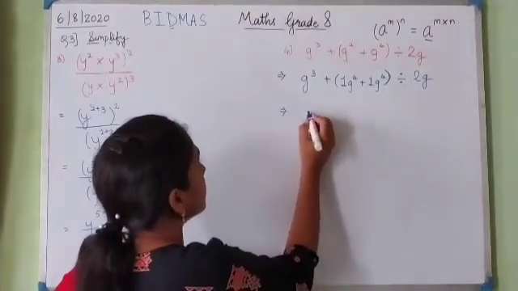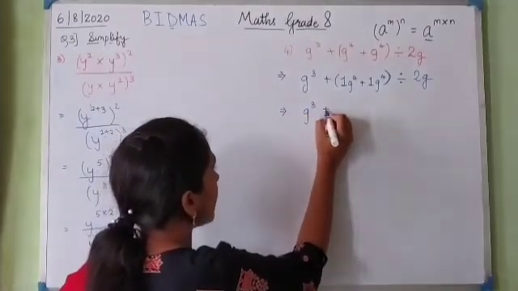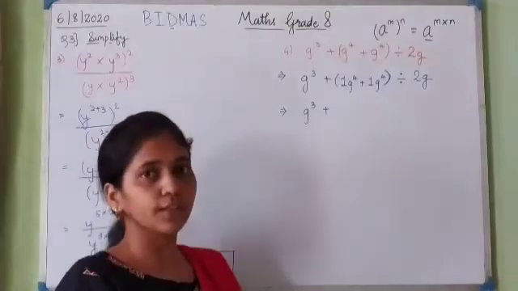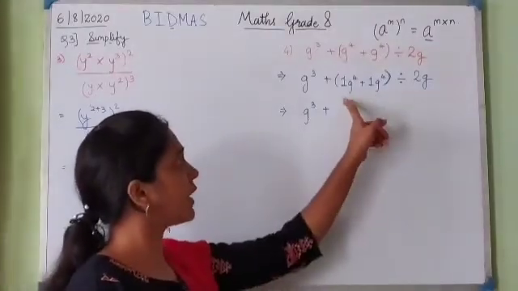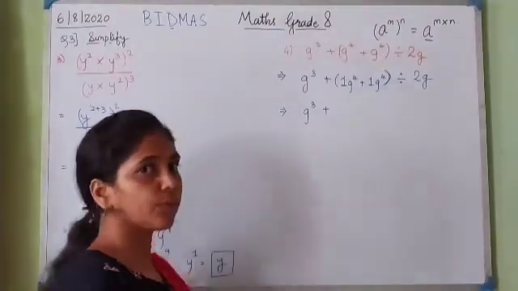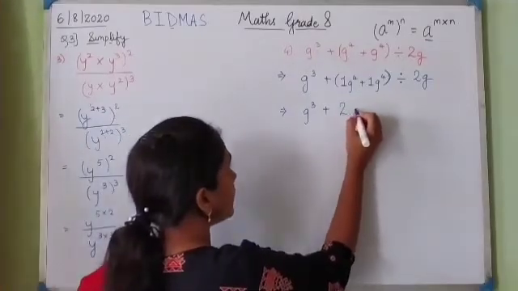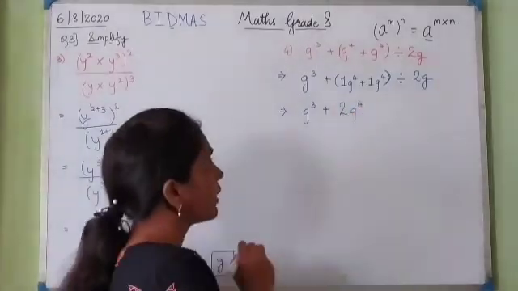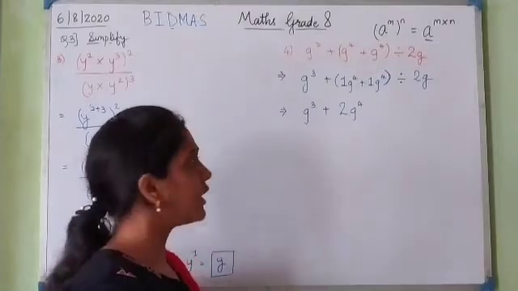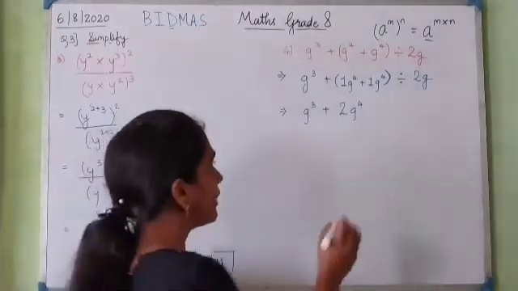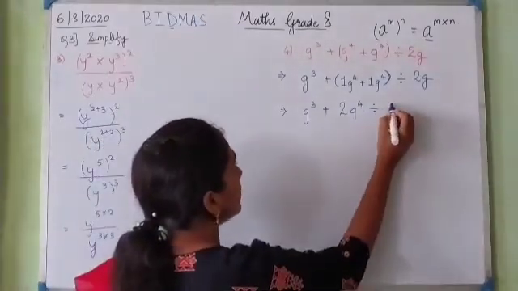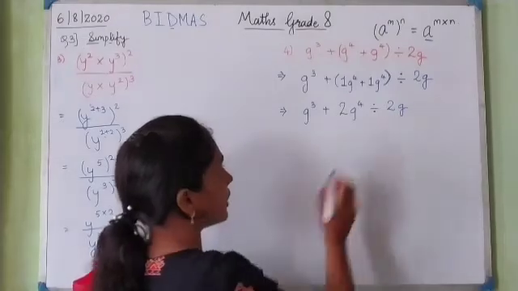So now g raised to 3 plus this bracket, I told you what this becomes: 1g raised to 4 plus 1g raised to 4 is 2g raised to 4. Now we have solved the bracket, so we need not put the bracket signs here. And this divided by 2g.